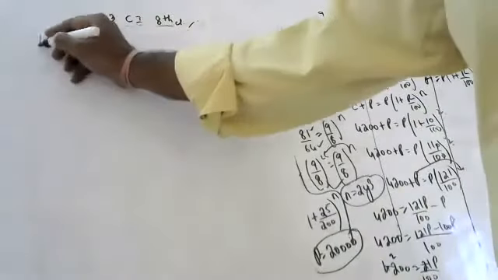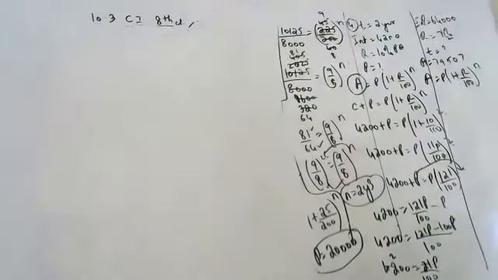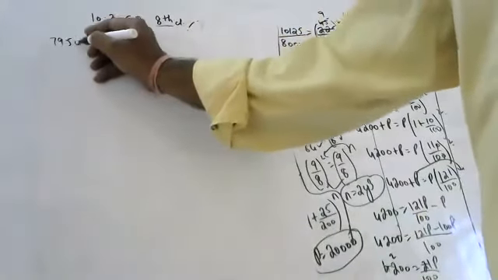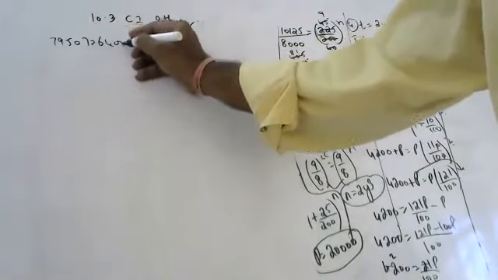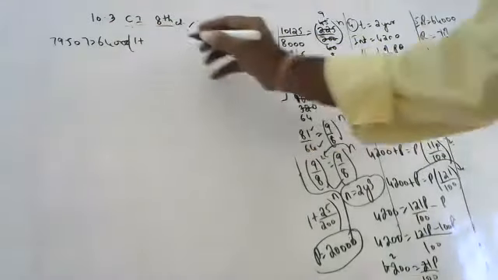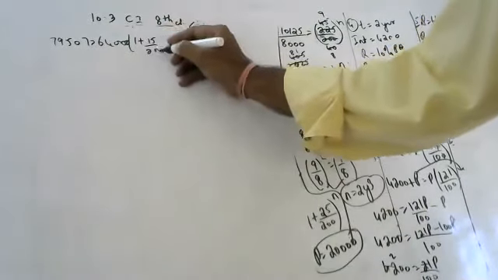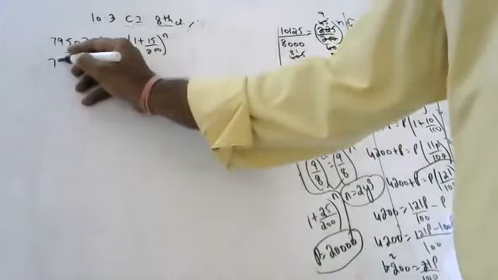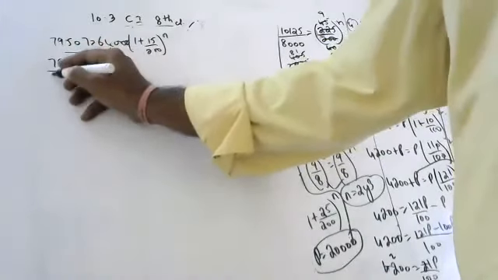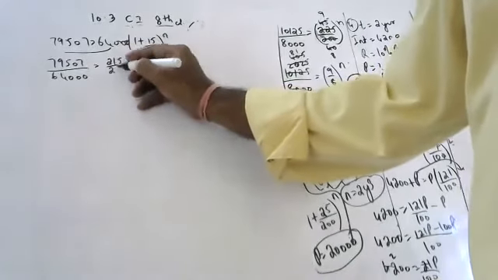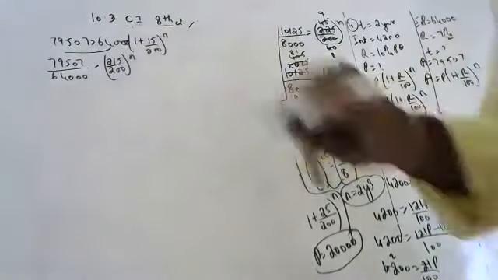79,507 is equal to 64,000 into (1 plus 15 by 200) whole to the power n. Take 64,000 down: 79,507 by 64,000 is equal to (1 plus 15 by 200) whole to the power n.